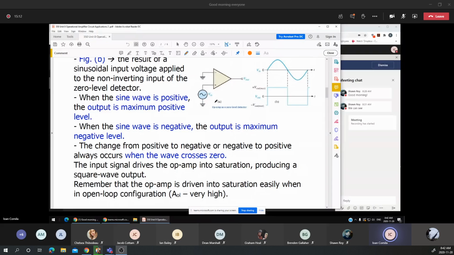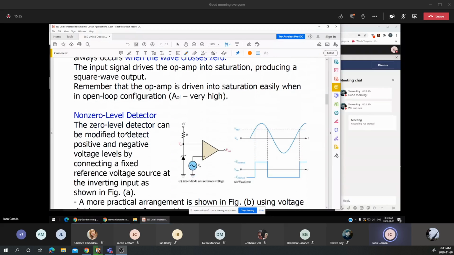Means that by simply using an op-amp with no feedback network, or using the highest gain for the circuit, I can transform a sine wave into a rectangular waveform.